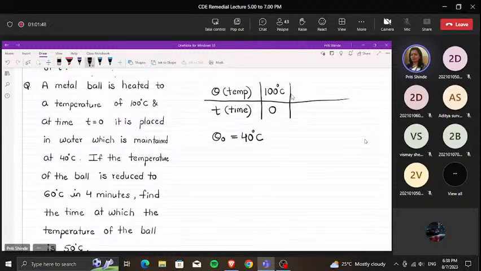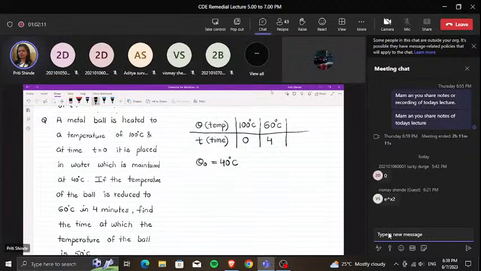If the temperature of the ball is reduced to 60 degrees Celsius in 4 minutes, so the temperature of the ball is 60 degrees Celsius and t is equal to 4. In 4 minutes, the temperature of the ball reduces to 60 degrees Celsius. It is given.